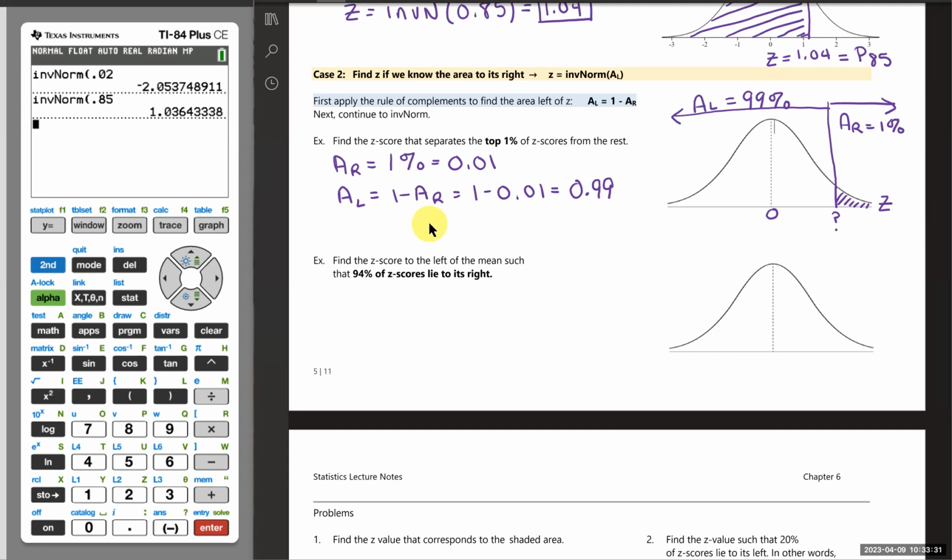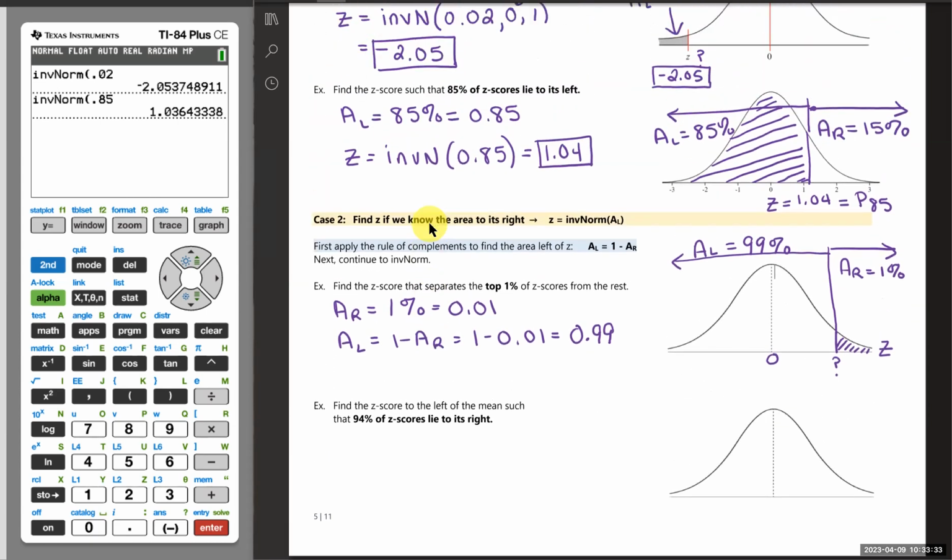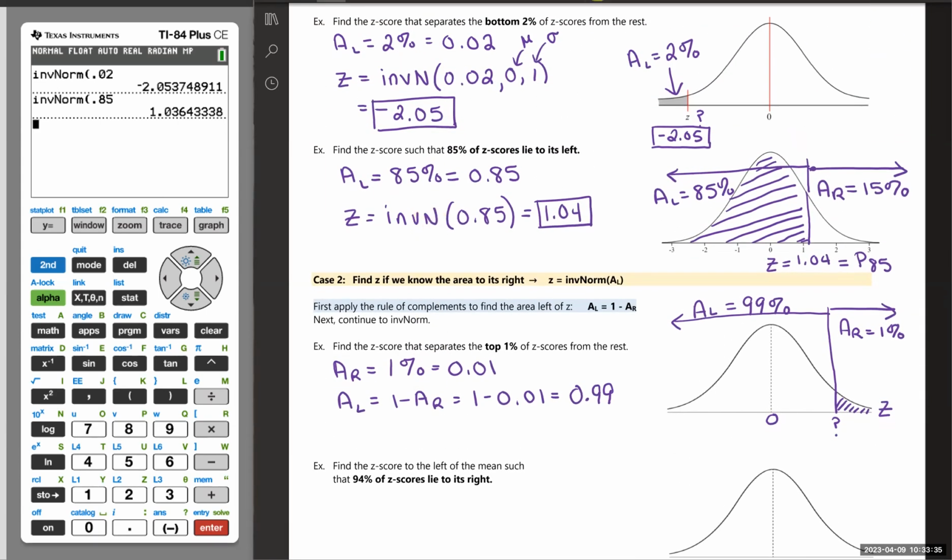Okay. So to use inverse norm, I'm going to do a little highlighting here. To use inverse norm to find z, to find a missing z-score, I need to know the area to the left of the z-score, and then I inverse norm.